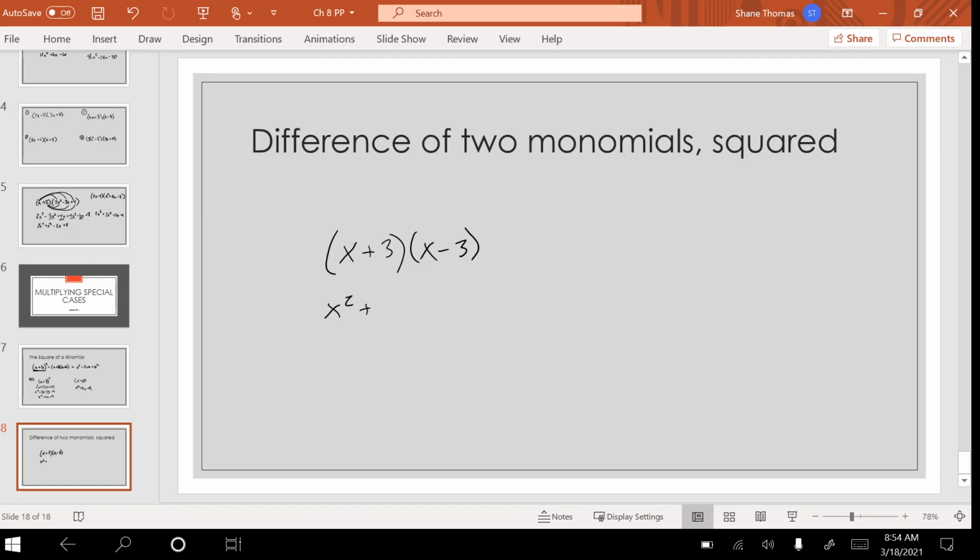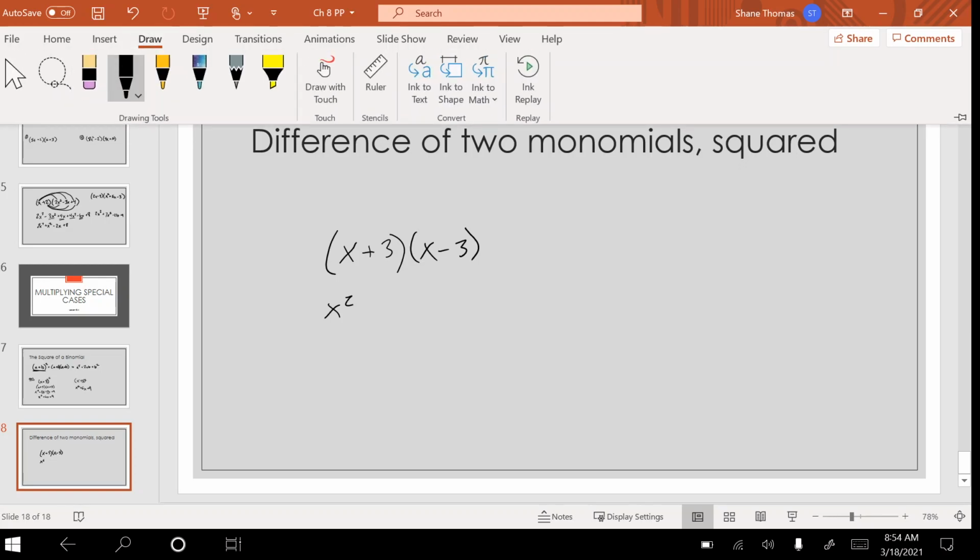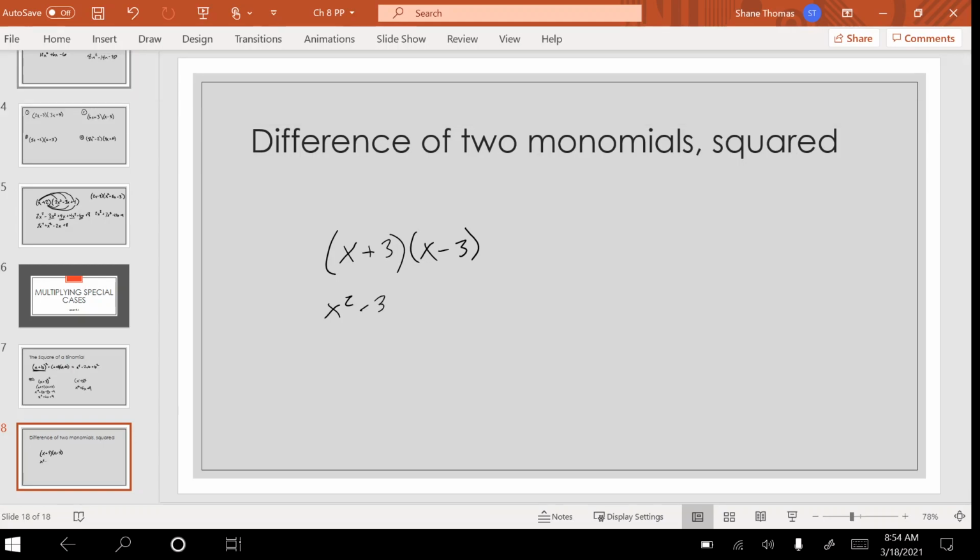Oh sorry, I did the wrong order. X times negative 3 is negative 3x. 3 times x is 3x. 3 times negative 3 is negative 9. Okay? Combine like terms here and here. X squared minus 9. The ones in the middle just went to 0, right?